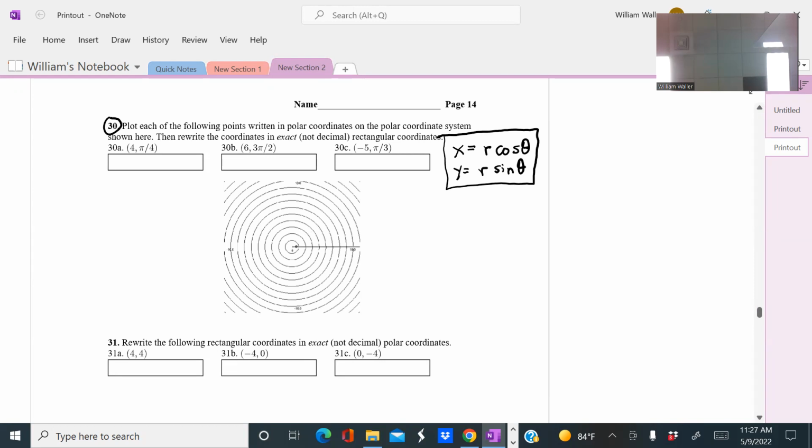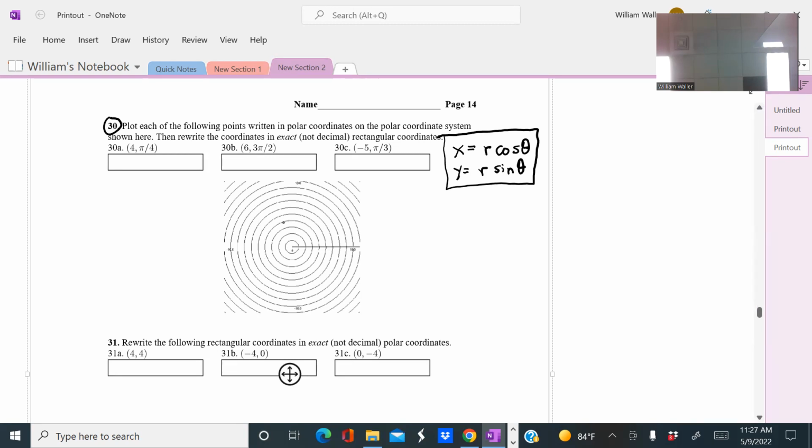Okay, so remember the 4 is the distance away from the origin, right? So you can read that very easily off of this picture. 1, 2, 3, 4. Did I count right? 1, 2, 3, 4. So this point is somewhere on this circle, the circle that's distance 4 away from the origin. But of course, there are lots of points on that circle, right?